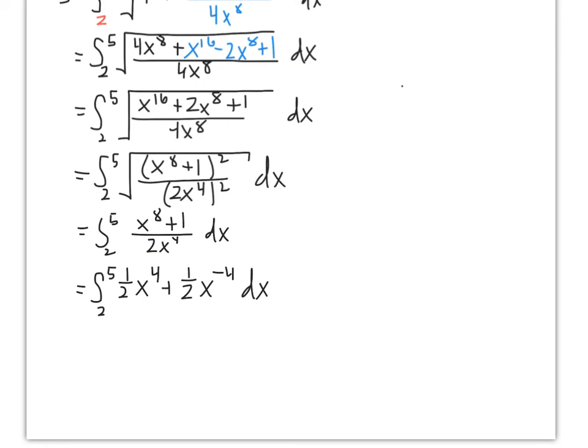And when we take the antiderivative of this, we'll change it up. We will get 1/2 times 1/5 x to the fifth plus 1/2 times negative 1/3 x to the negative 3. And we're going to take this from 2 to 5.